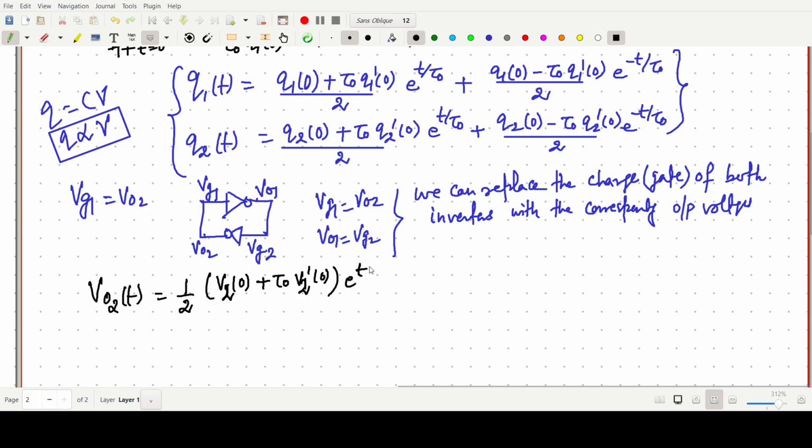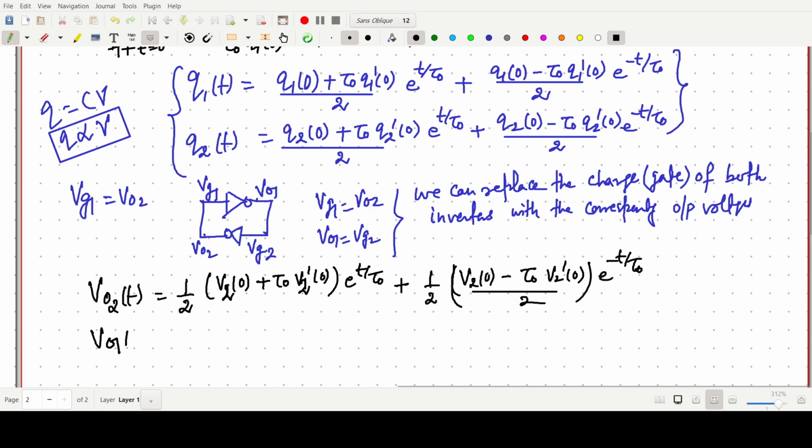Into e to the power t by t naught plus 1 by 2, and it should be V2 naught minus t naught V2 dash 0, divided by 2, and I put it in brackets, so the bracket term has e to the power minus t by t naught.